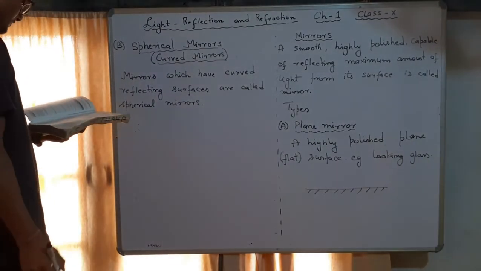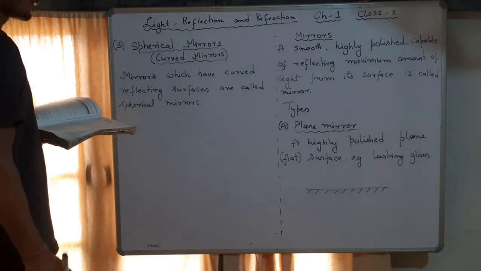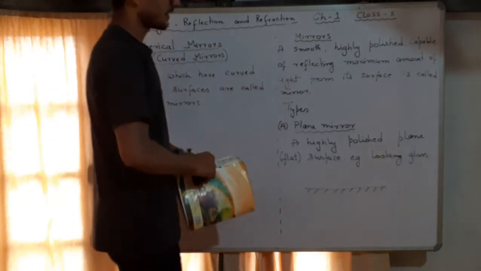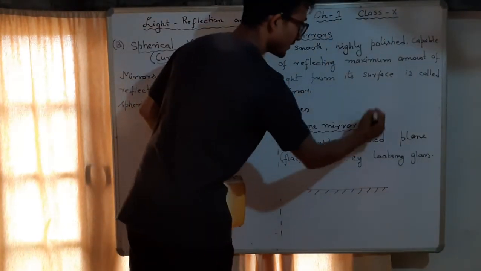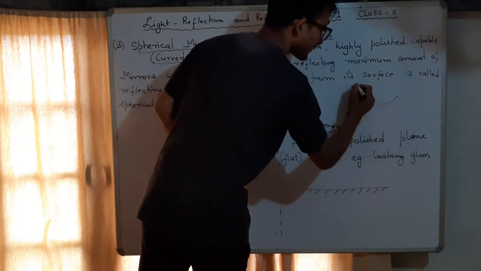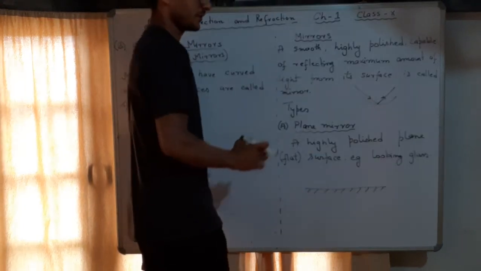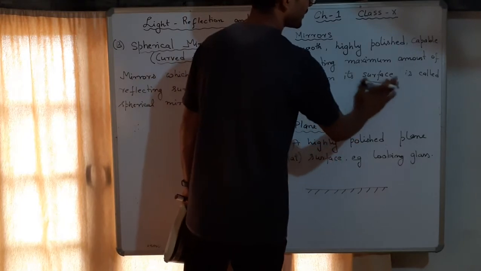Now, remember, they also obey the law of reflection, because the law of reflection is for everything, not just this one or this. Even if it is like this, here also it will be following. This rule is always followed. Law of reflection: angle of incidence i is equal to r. That is true even for this type, that type, every type of mirror.